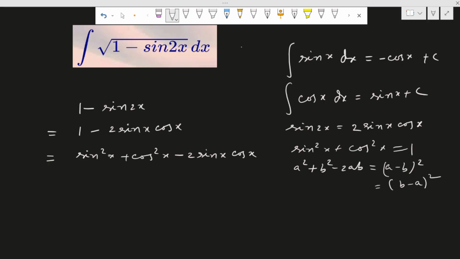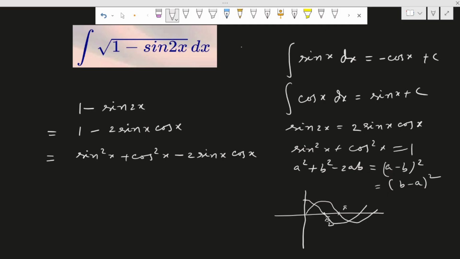But according to trigonometry, if we draw the graph of sin x and cos x, the graph of sin x is this, pi by 2, pi, and the cos x graph is like this.